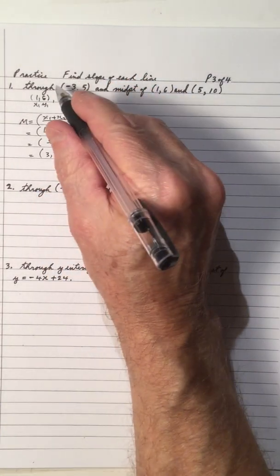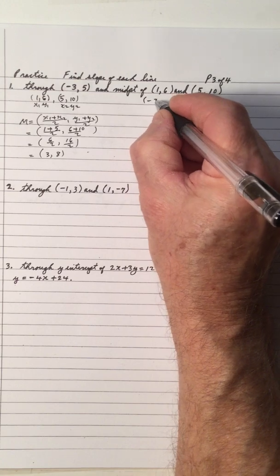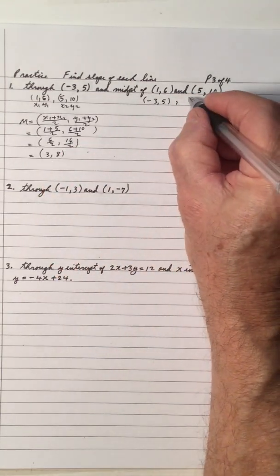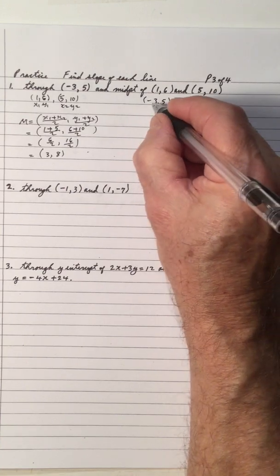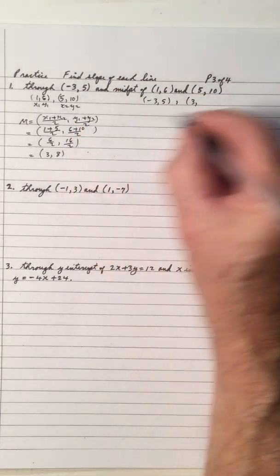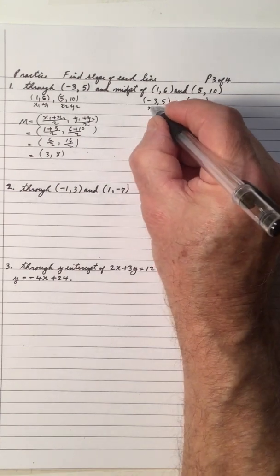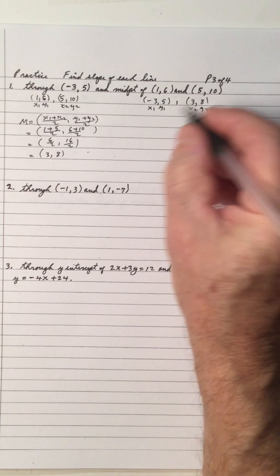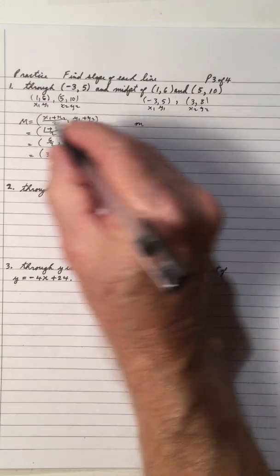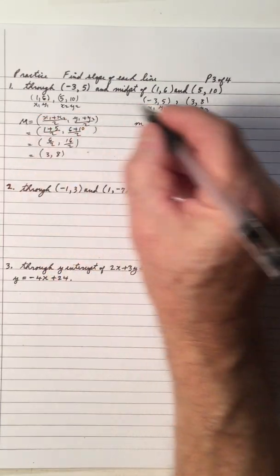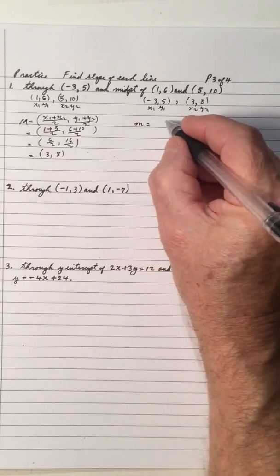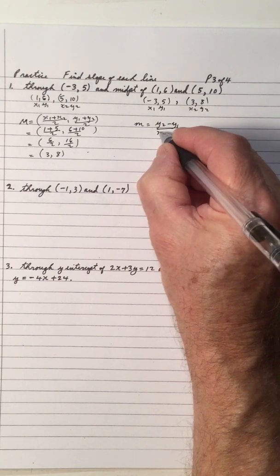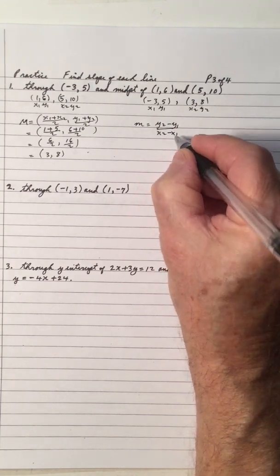And now we want the slope of the line through (-3, 5) and the midpoint, which is (3, 8). So let's call this one x1, y1, x2, y2, and the slope, small m. Large M could stand for midpoint, small m stands for slope. And the slope is y2 minus y1 over x2 minus x1.